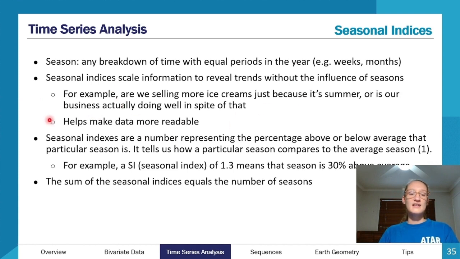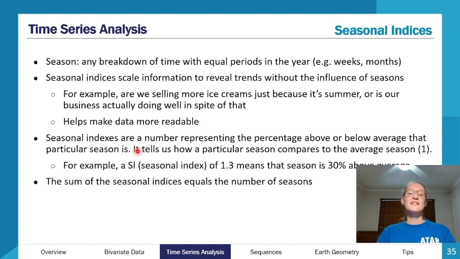It's just removing the impact of seasonality. So we can see whether our business is doing well because it's summer, or in spite of the fact that it's summer. Again, it makes our data more readable.